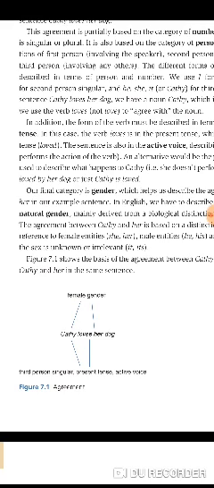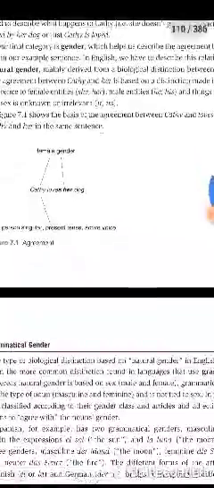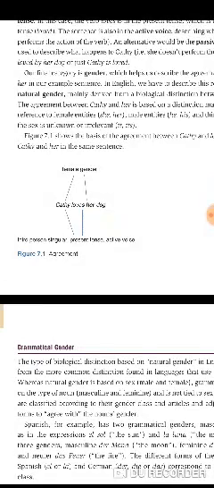But in Arabic and in some other languages, we have gender in terms of sometimes natural gender or biological gender and grammatical gender. What is natural or biological gender? If something is biologically masculine or feminine, we say it has got natural gender.